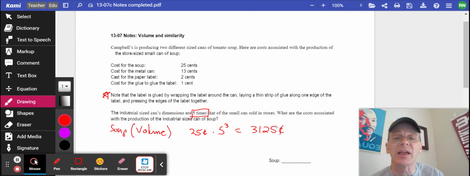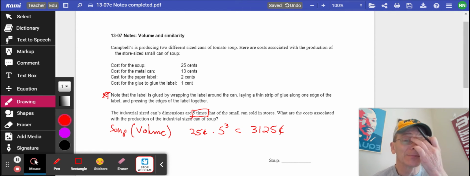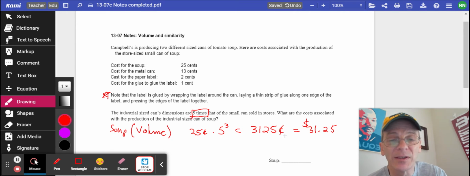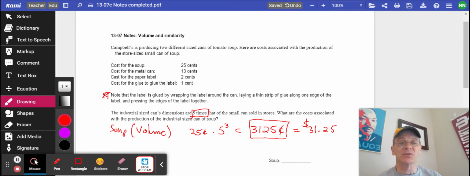And you could give your answer like that. That would be totally fine. But we don't really ever communicate in terms of thousands of cents. We usually turn that into dollars, right? So that would be $31.25. But this is a perfectly acceptable answer as far as I'm concerned.